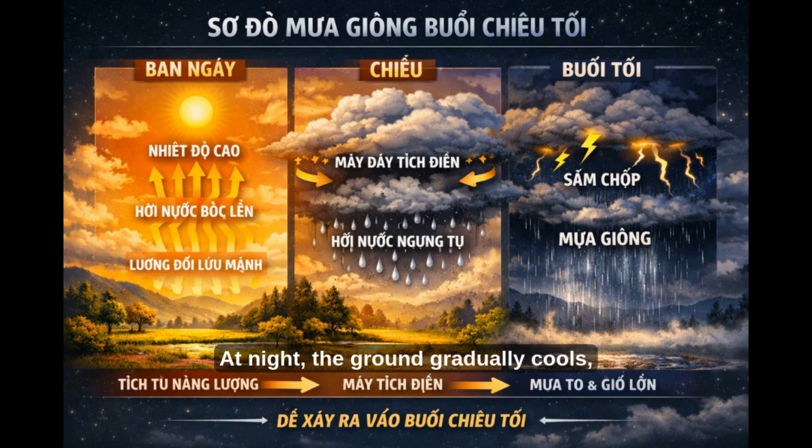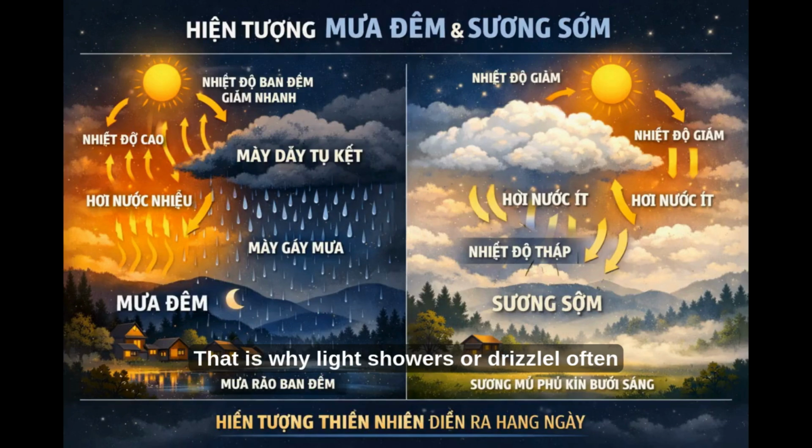At night, the ground gradually cools, the air becomes more stable, humidity increases, and the remaining moisture in the atmosphere can condense more easily. That is why light showers often occur during the late night or early morning hours.